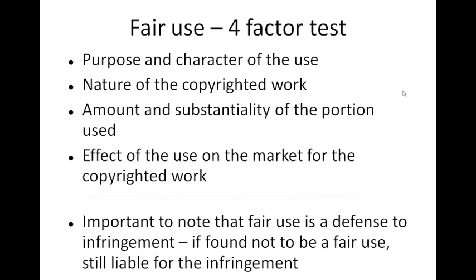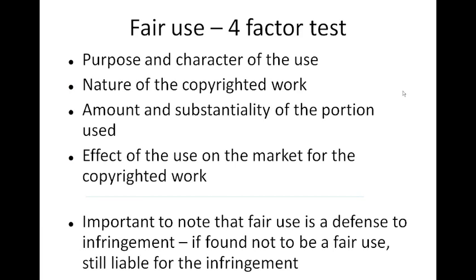So if you claim, well, I thought it was a fair use, and the judge or the trier of fact disagrees, you're still going to be liable for that infringement. What they look at is first the purpose and character of the use, the nature of the copyrighted work, the amount and substantiality of the portion used, and then the effect of the use on the market for the copyrighted work.